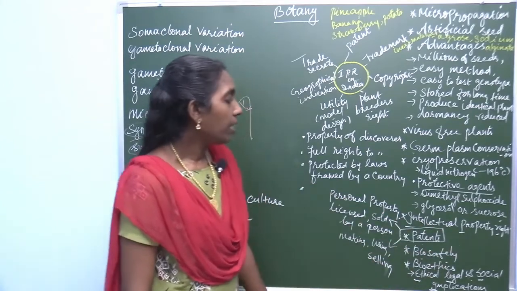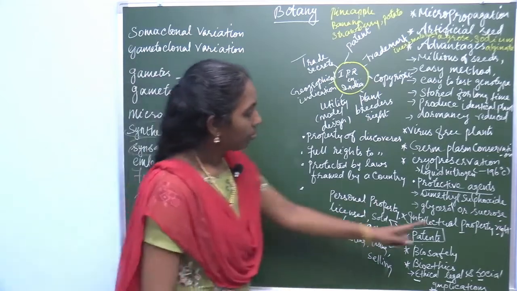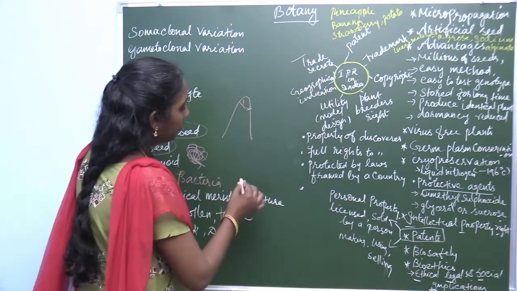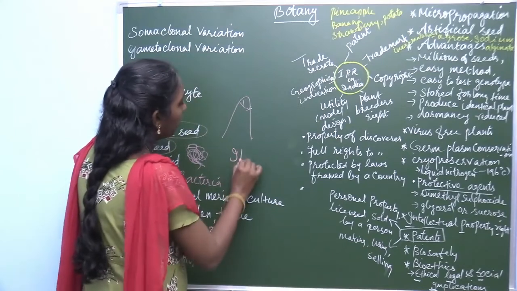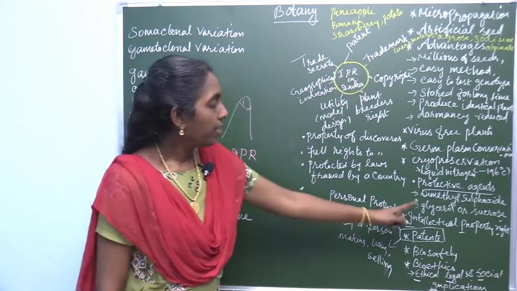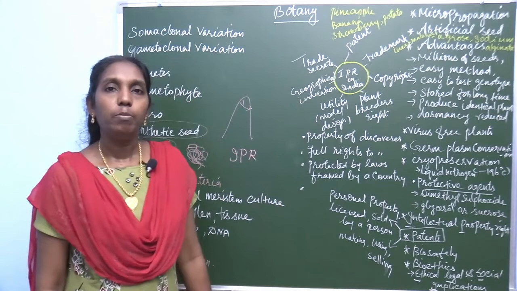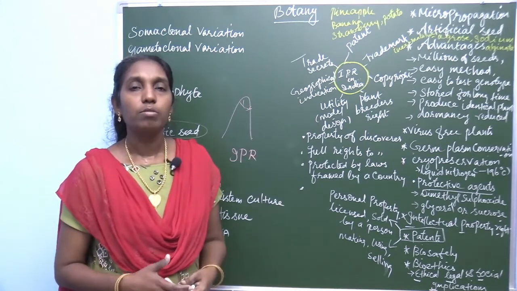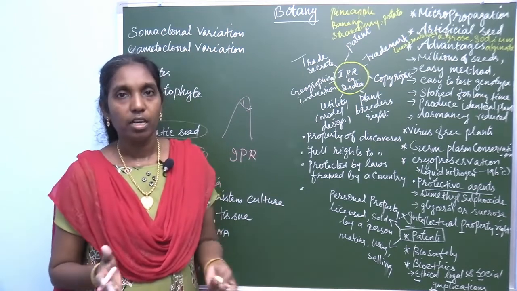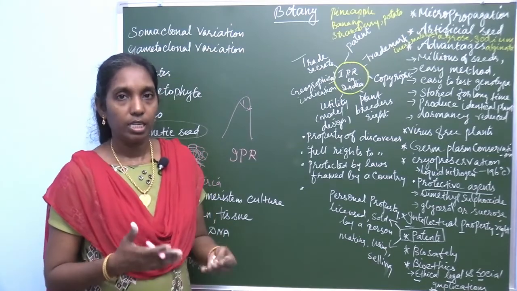The next question, intellectual property right, which is commonly called IPR. IPR in India. In biotechnology, the microorganisms or the plants can be altered genetically, by manipulation of genes.